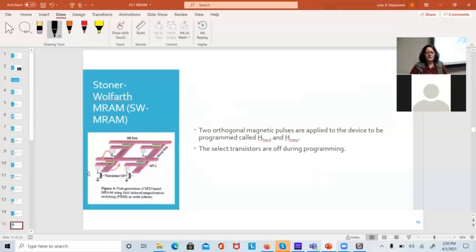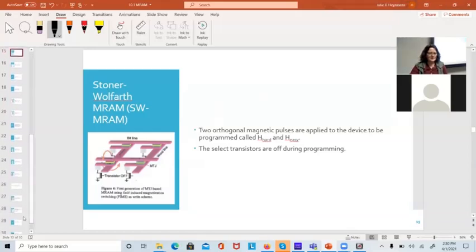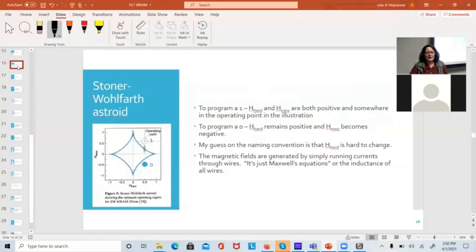During programming, the select transistors are off. You're just applying the magnetic pulses directly to the device. To program a 1, H-hard and H-easy are both positive and somewhere in this region right here.